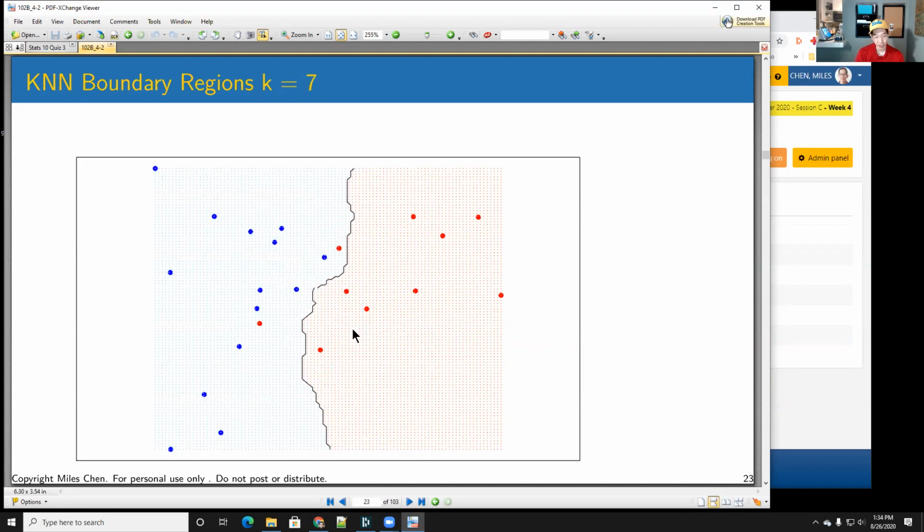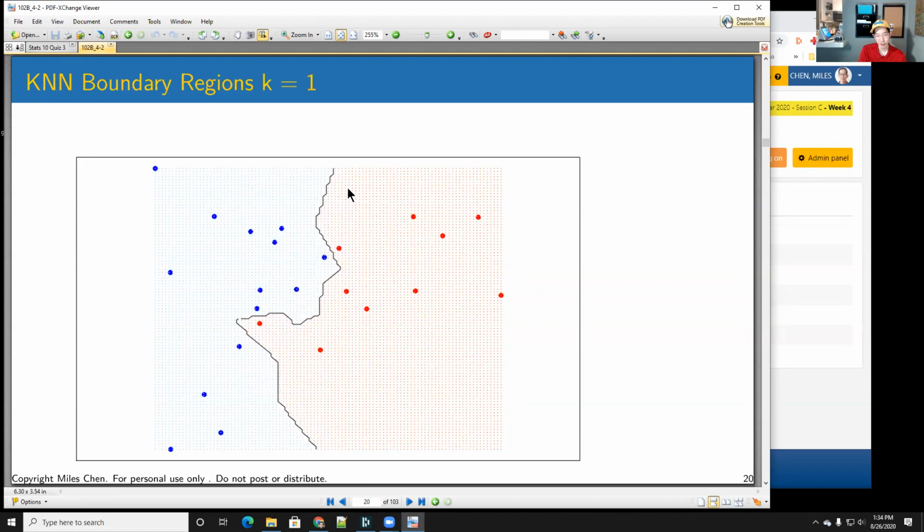But the overall shape is that this is more likely to form things that protrude into the different sectors, and as k increases, you get something that is less prone to form these very extreme shapes.